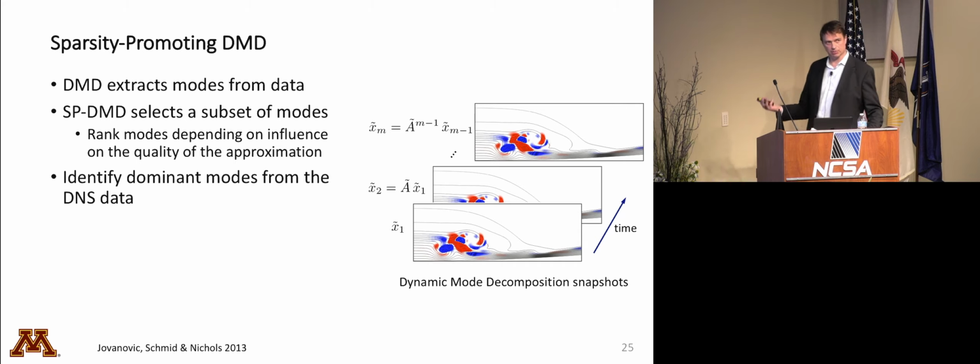And then the sparsity promoting basically ranks the importance of those by some metric, typically an energy metric. And so we're able to pull out the dominant modes from this DNS data.